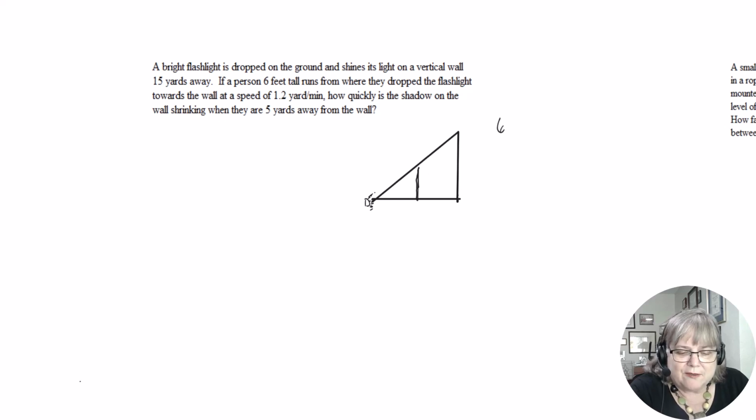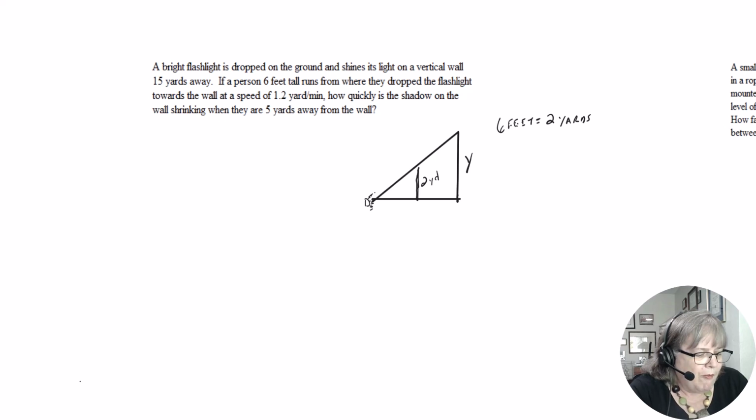So 6 feet is 2 yards, right? So this is 2 yards. Be careful with that. And this value, let's call it y, is how your shadow is going to change that far up the wall.